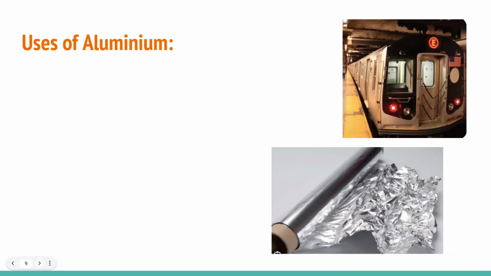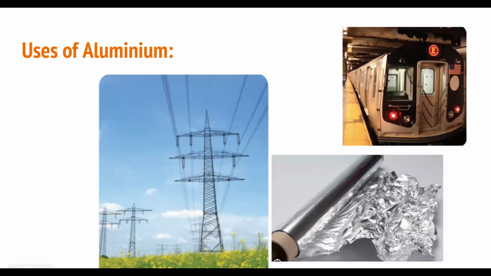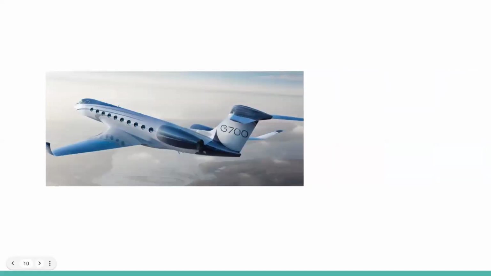Yes, because of its shine and corrosion resistant behavior, it's used to make bodies of trains. Electric cables, as we discussed. There's one thing. Electric cables are made up of aluminum because aluminum is a super good conductor of electricity and it's light also. But we give it a coating of steel core so that it has some strength. Airplane bodies, yes, we make aircraft bodies out of aluminum because it's very light and corrosion resistant too.